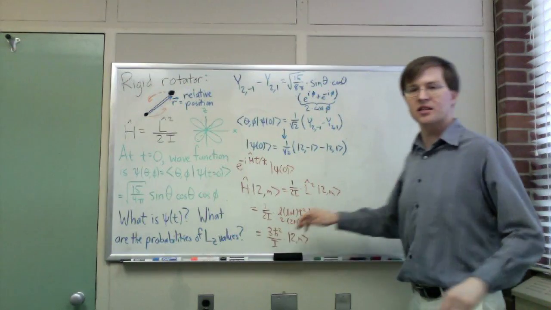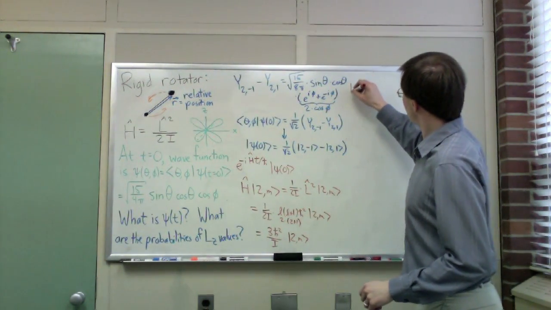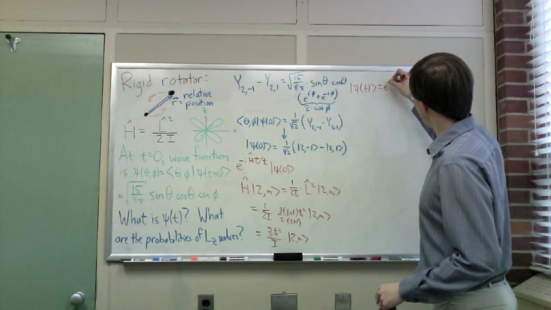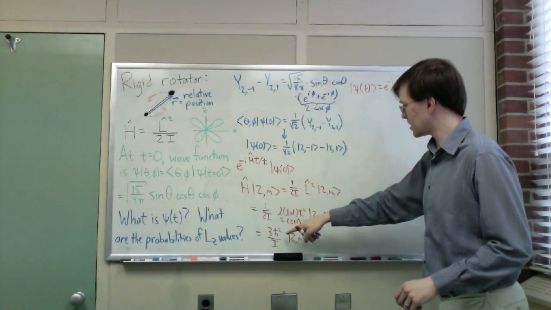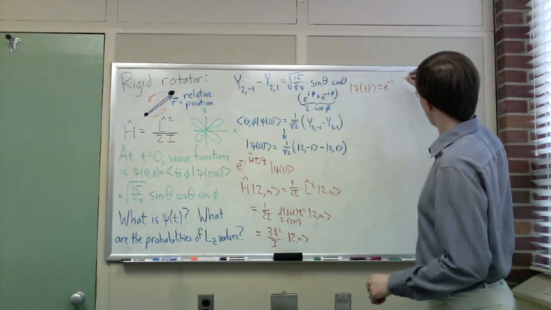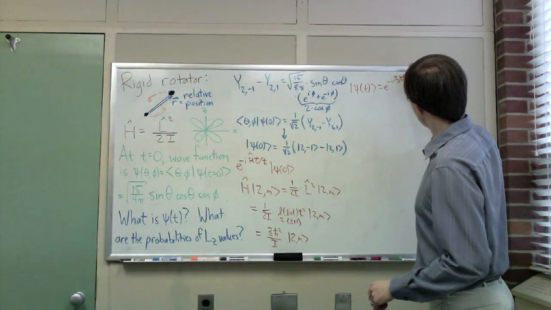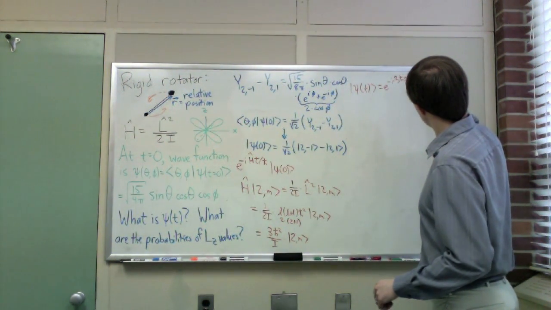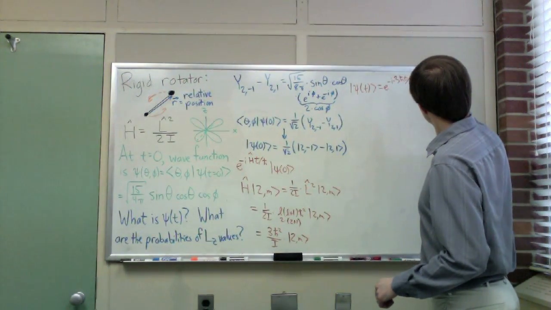My wave function as a function of time, psi of t, is then equal to e to the minus i times this thing over h bar times t, times 3 h bar t over moment of inertia times psi of 0.